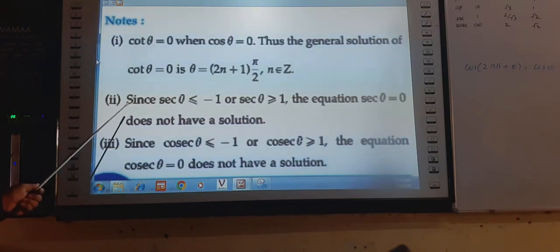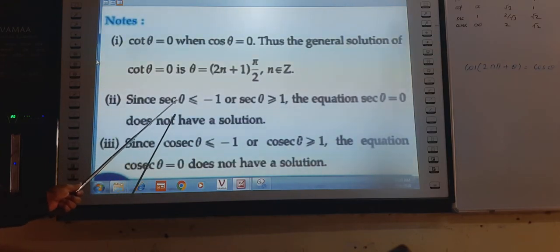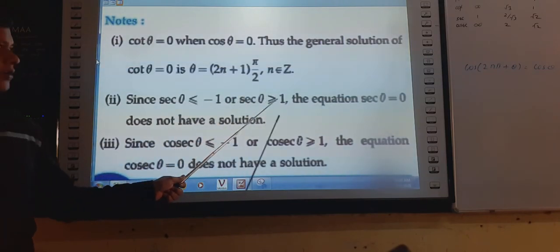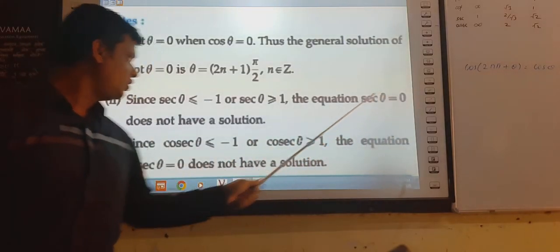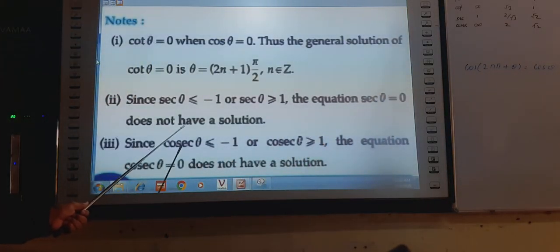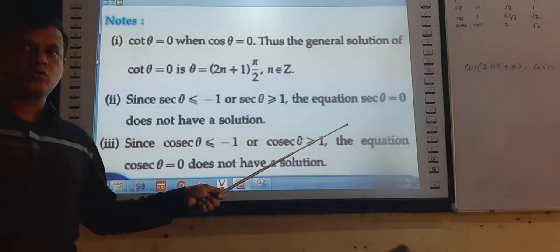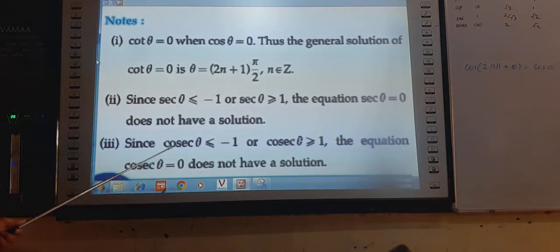Now see, for sec theta equals to 0, whether the solution exists or not. Since sec theta less or equals to minus 1 or sec theta greater or equals to 1, the equation sec theta equals to 0 does not have a solution. So you must remember, for sec theta equals to 0, we do not get a general solution. Now see for cosec.